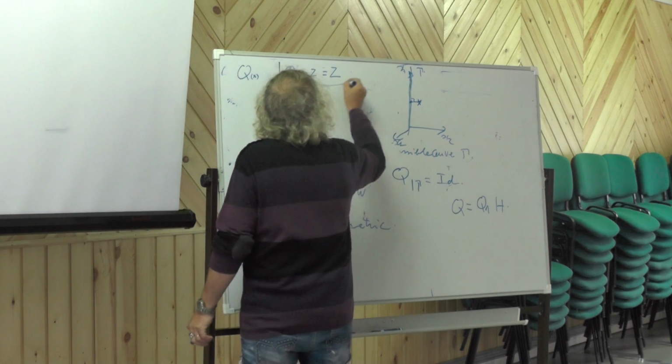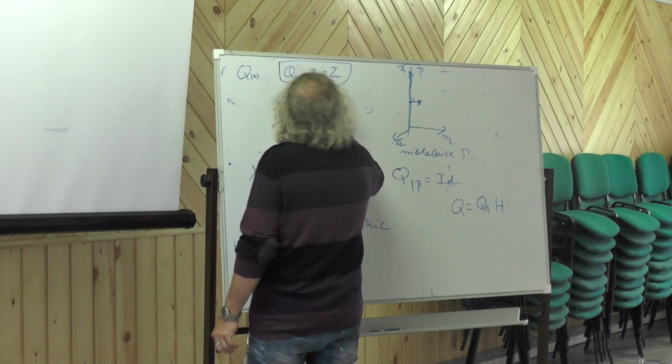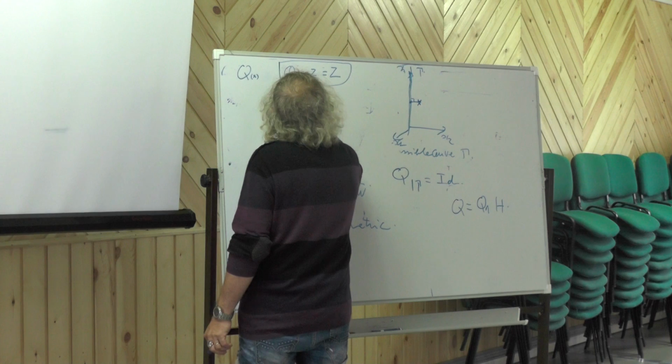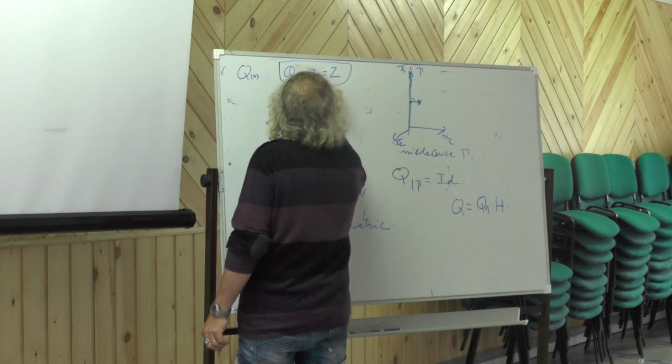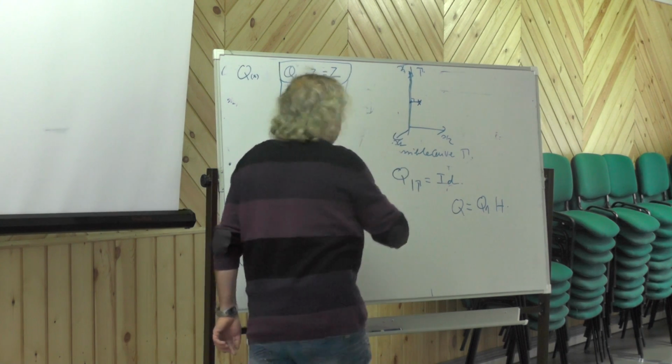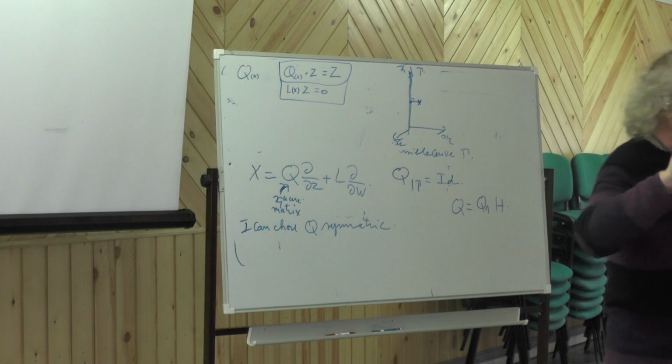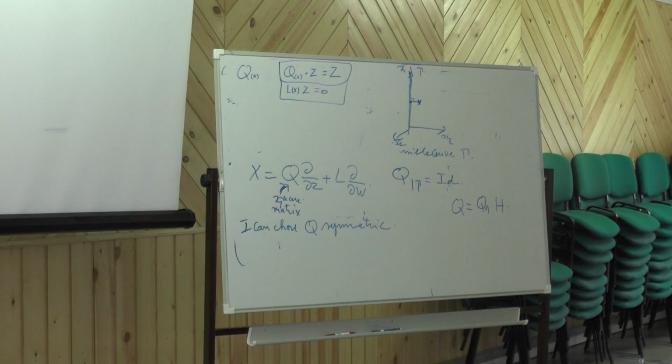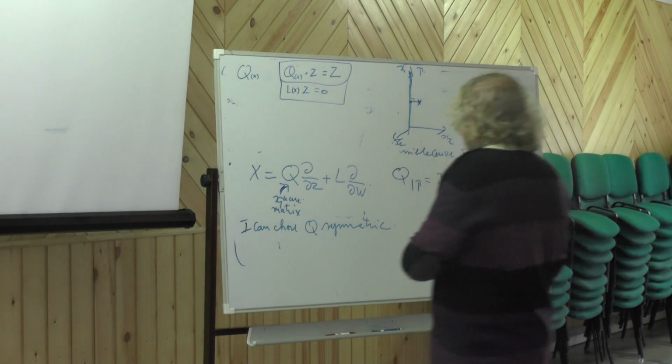I claim that these two equalities hold, and in fact L of x times z equals 0. And this defines completely, conversely, if these properties are true, you are in coordinates that are normal with respect to the vertical coordinate. Let us prove this.